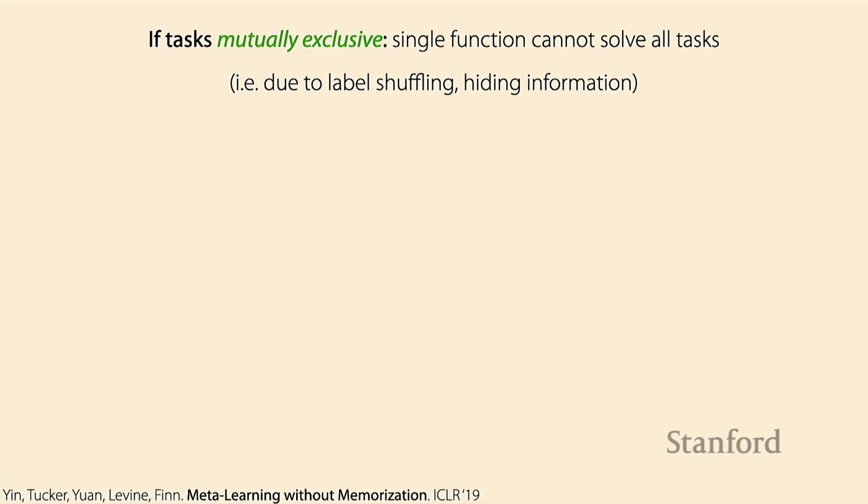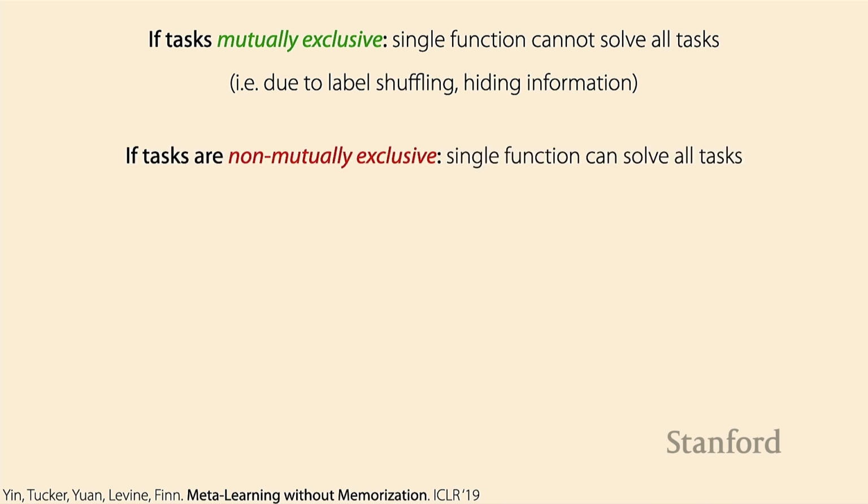In this setting, the meta-learning process will not memorize, and you should be able to generalize to new tasks. On the flip side, if the tasks are not mutually exclusive, then a single function can solve all the tasks, and it can just ignore the training data. In this latter case, memorization can occur.